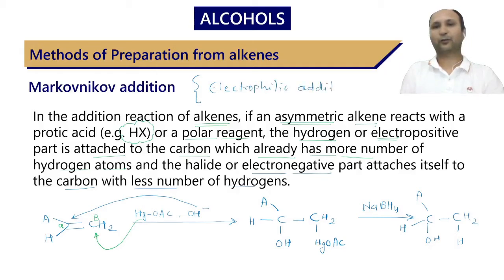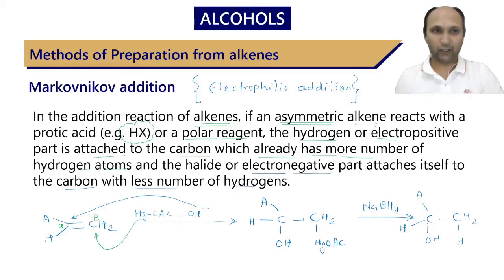Okay, we are not going too deep into the mechanism of these kinds of reactions because these are better covered in the chemical properties of alkenes, and there we will definitely see the mechanism for this Markovnikov addition as well.